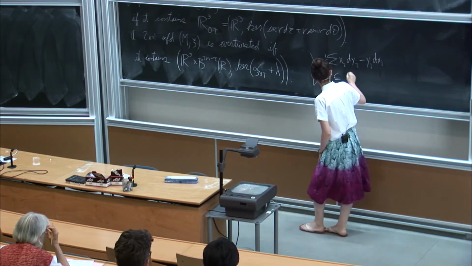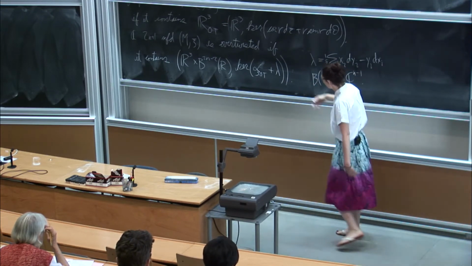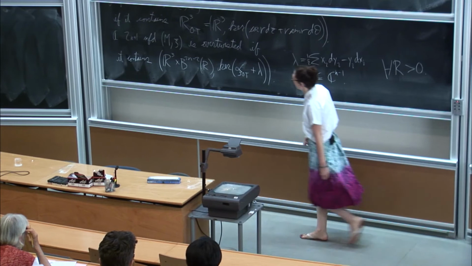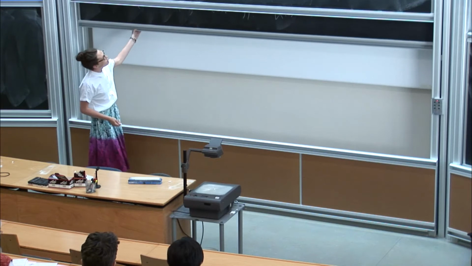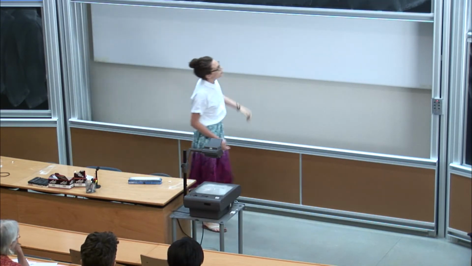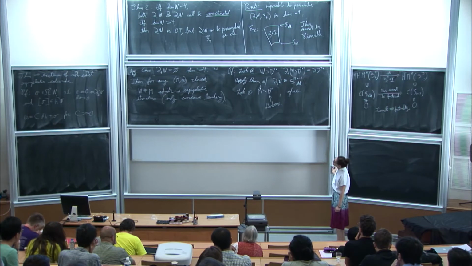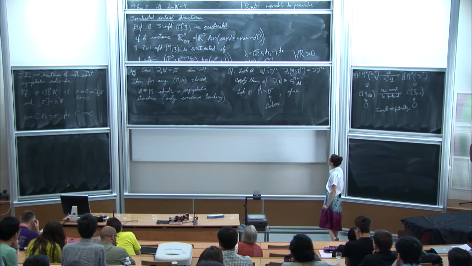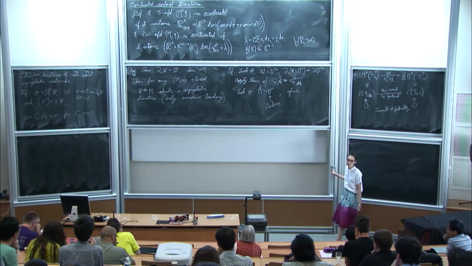So this ball is in C^n, and what I want is for it to contain this for all radii r. Again, it's not so important what the specific model is.